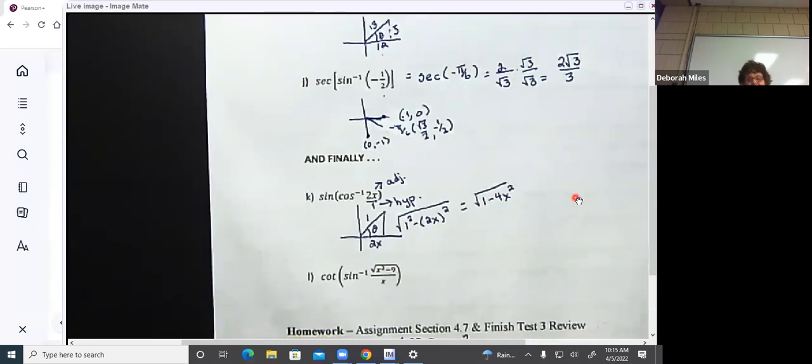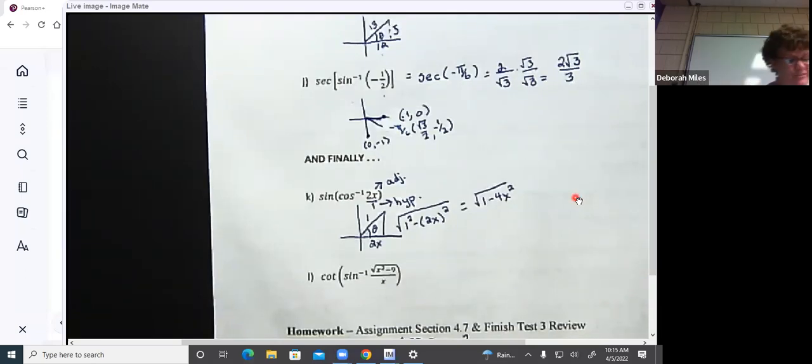So what is the sine of that angle that I just drew? Sine of that theta right there. Yeah.